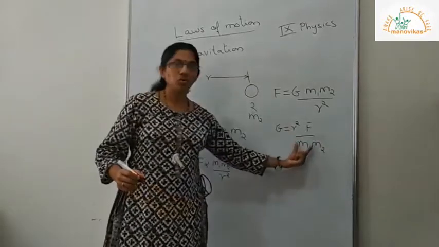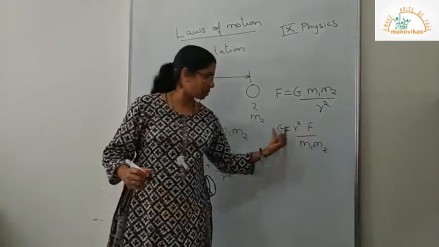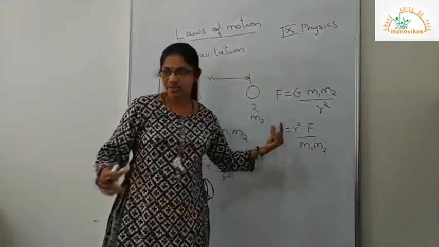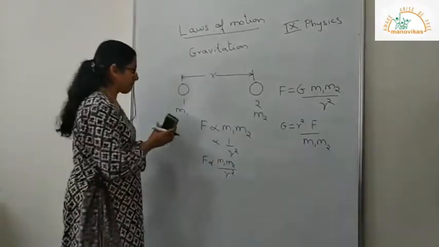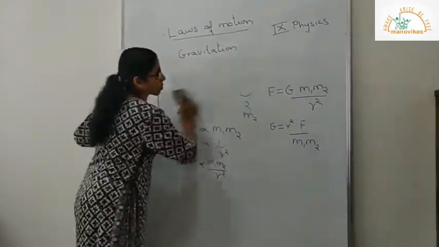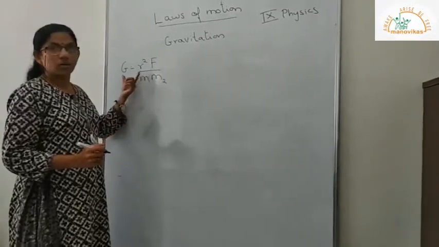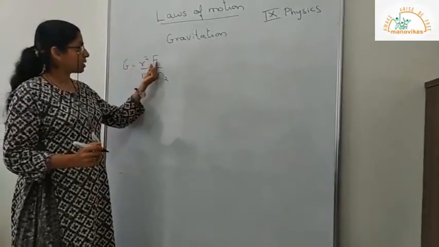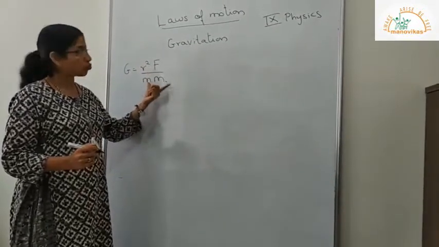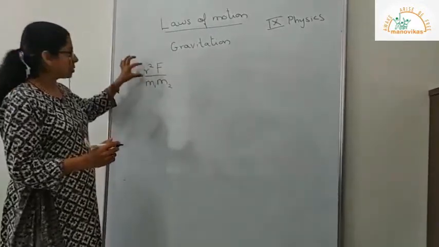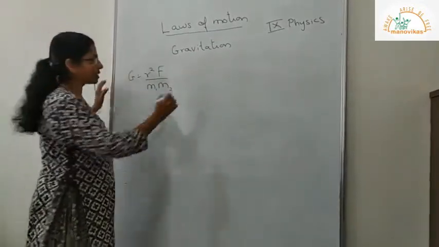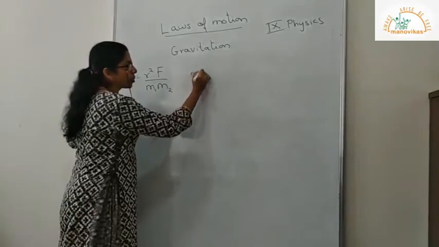So now I am going to derive the unit of this gravitational constant. Now G is r square F upon m1 m2. So I am going to write the unit. Now r is distance, so I can write it in terms of meter square.